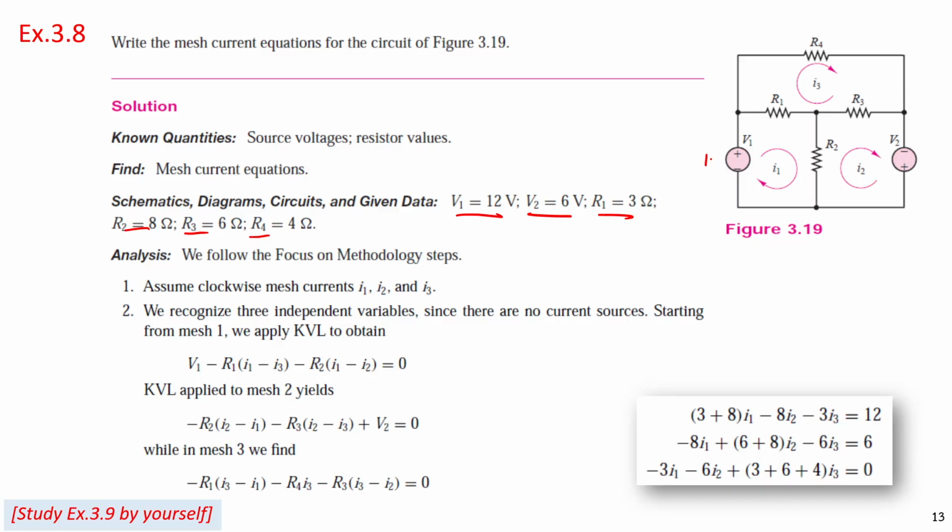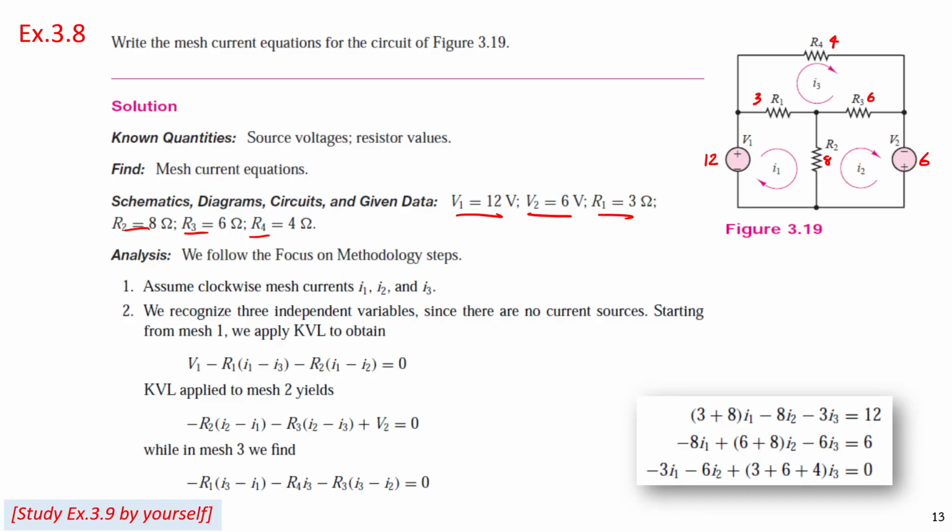V1 is 12 volts, V2 is 6 volts, R1 is 3 ohms, R2 is 8 ohms, R3 is 6 ohms, R4 is 4 ohms. And we define the meshes clockwise. Clockwise is positive.